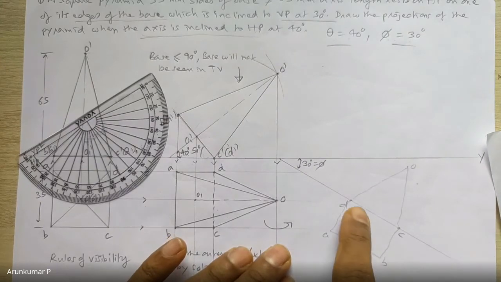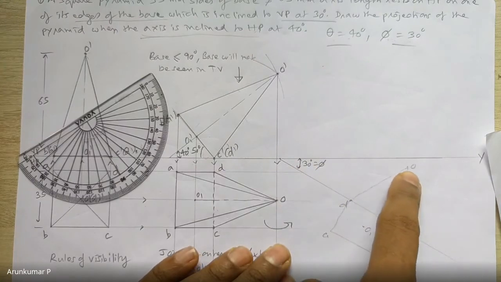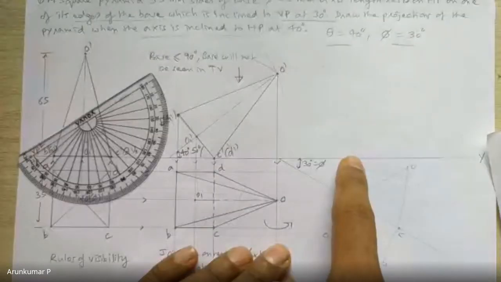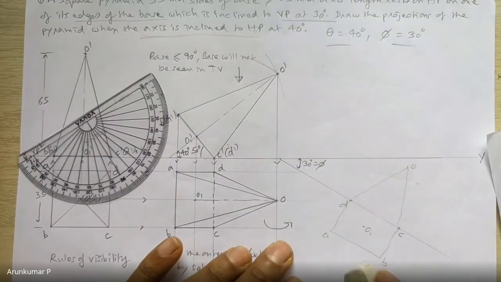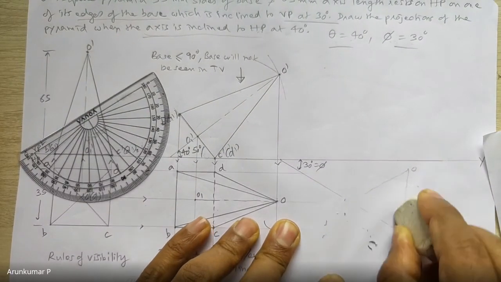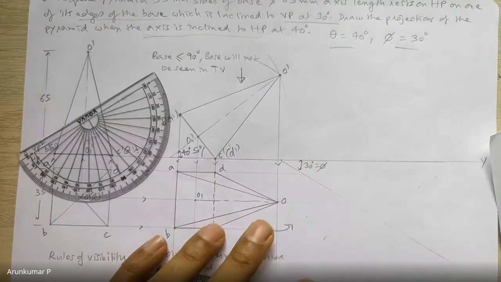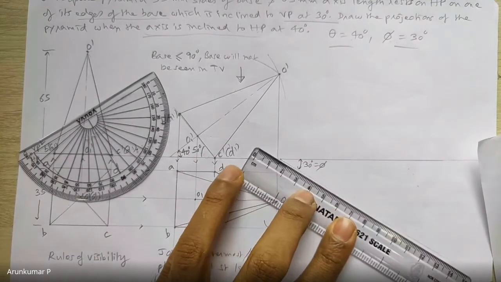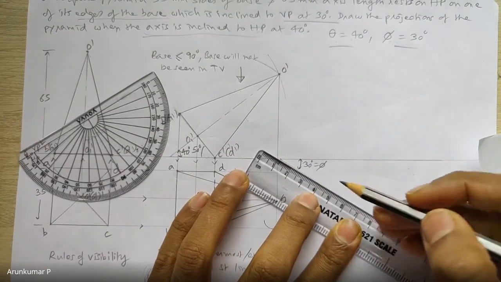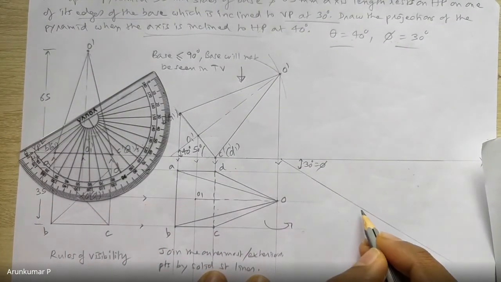You have to start with the point D, because if you move D very close to XY line, then there is a possibility that this corner O, the apex O, will be above XY line. That shouldn't happen. So you should ensure that D is some distance below XY line. So I'll mark D maybe somewhere here.